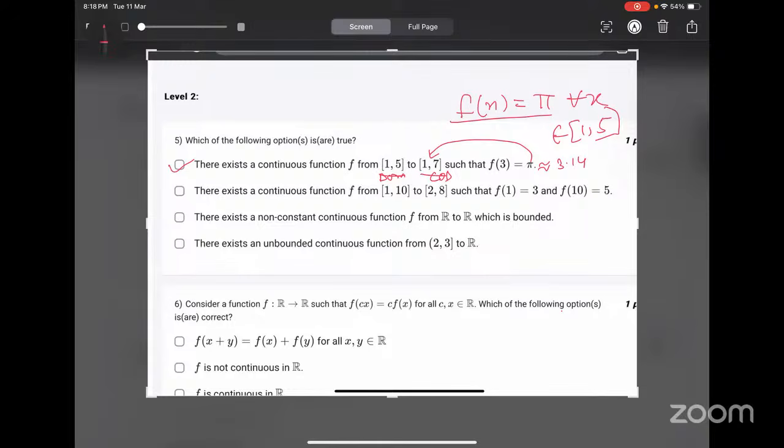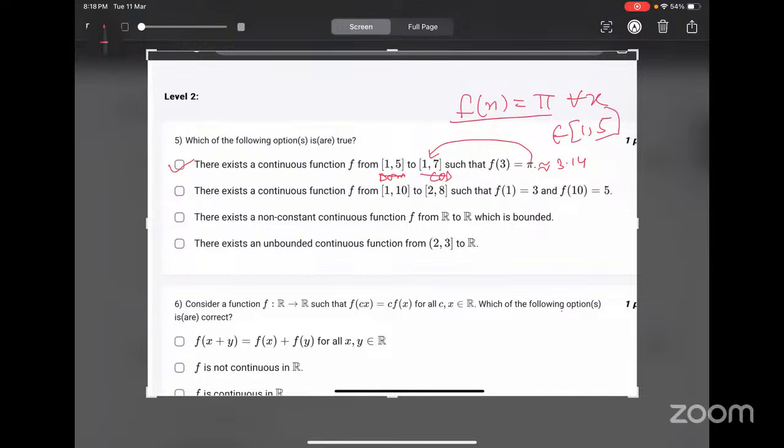What about the third option? There exists a non-constant continuous function f from R to R which is bounded. Bounded means there should be an upper bound and again a lower bound. Yes. Is it possible? Construct such a function.